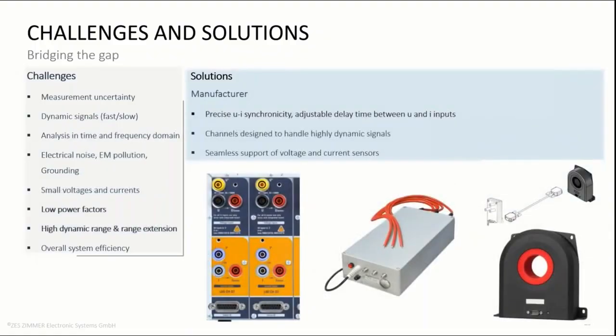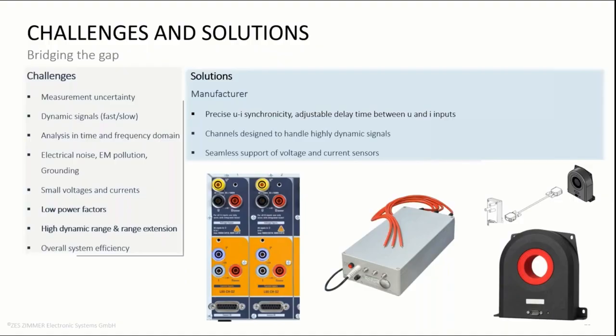Then we have power measurements at low power factors. These are especially tricky because there even minimal changes in the phase angle can lead to high deviations in the measured power. Therefore, the measurement of the phase angle must be as accurate as possible, and to ensure that, we must be able to record voltage and current signals with very precise synchronicity, as we mentioned in the beginning.